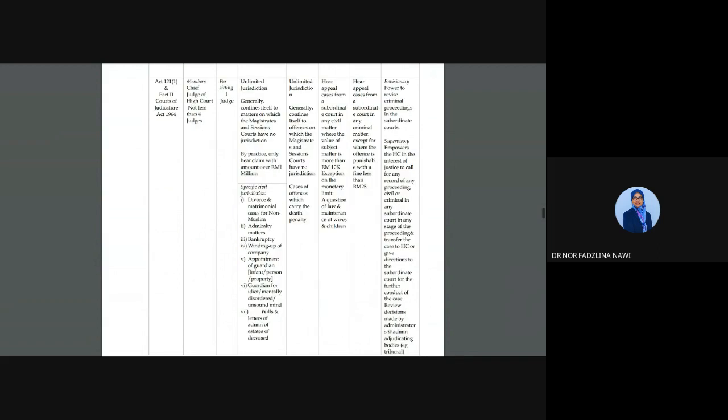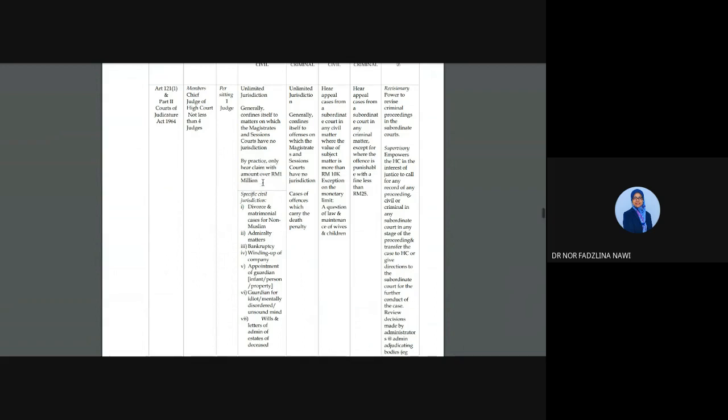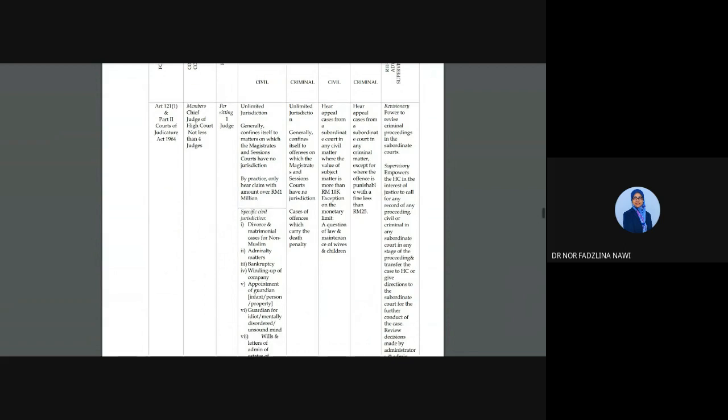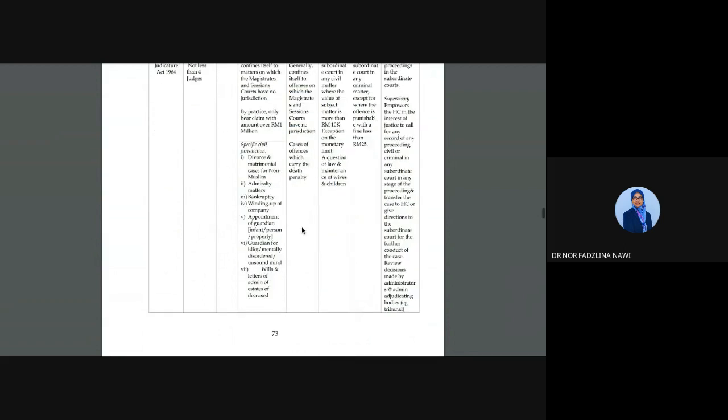They also have special civil jurisdiction. By practice, for civil cases the High Court will usually hear only cases where the amount of claim is over 1 million ringgit. But for these special jurisdiction cases, they will hear the case regardless of whether the amount is less than 1 million.